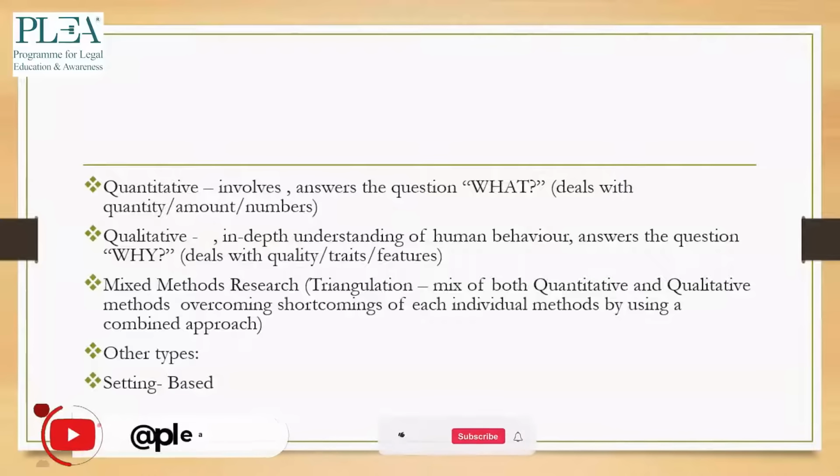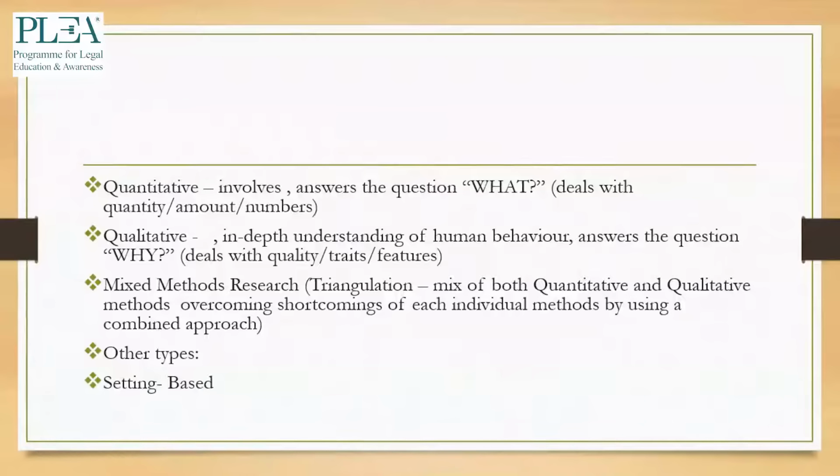Say suppose there are a few people who have committed murders, okay, multiple murders in a particular manner. So why did they commit murders in the first place? And what would be the impact of that particular thing? So we are just not talking about quantity here.